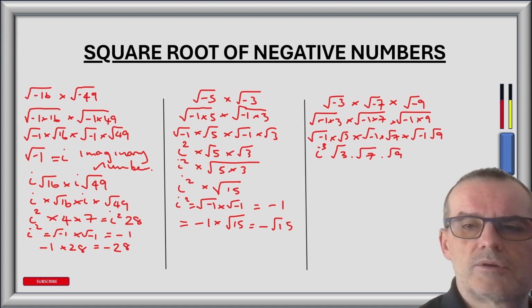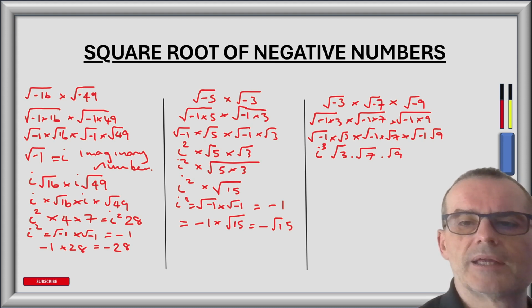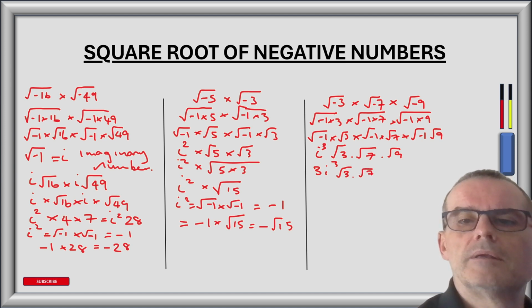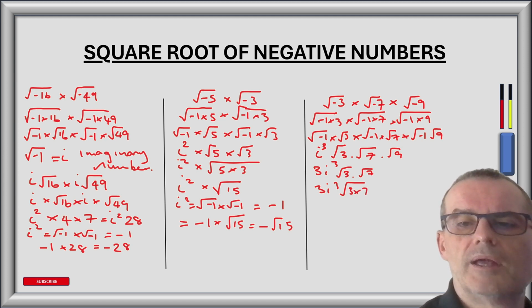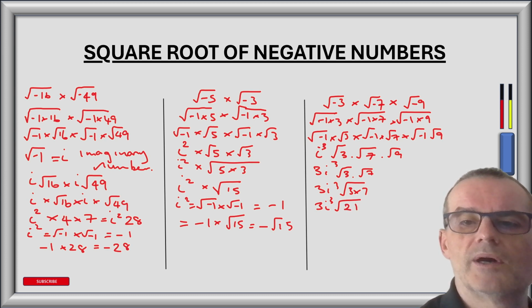Now we know the square root of 9 is 3, so we can say this is 3i cubed multiplied by root 3 multiplied by root 7. So that is 3i cubed multiplied by the root of 3 times 7, that's the root of 21.